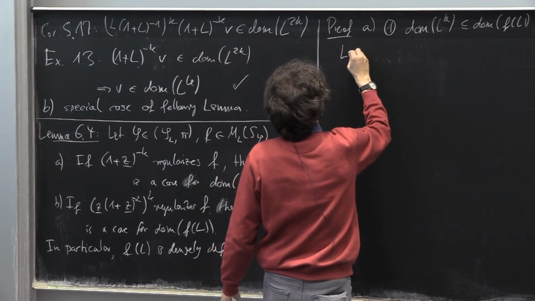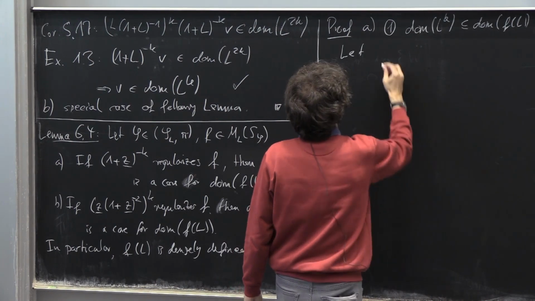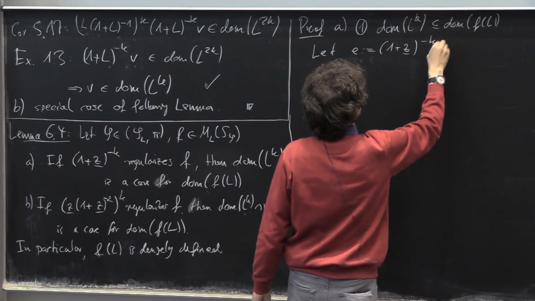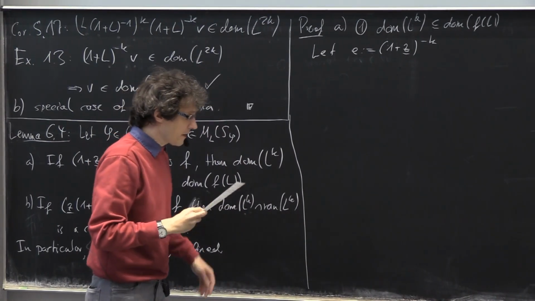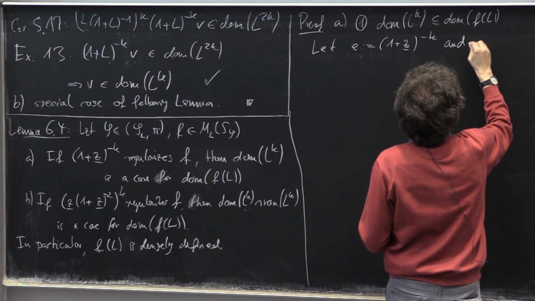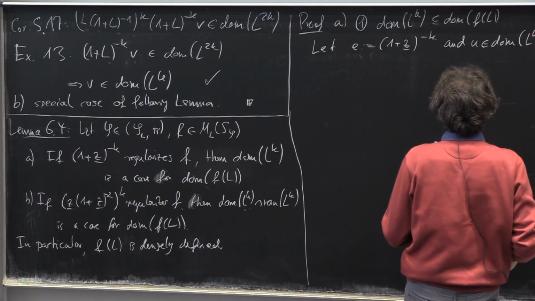Okay, the only thing we know is that (1 plus z) to the minus k regularizes our function f. So let's call this, as usual, let's call this e. And then take some u in the domain of L to the power k.